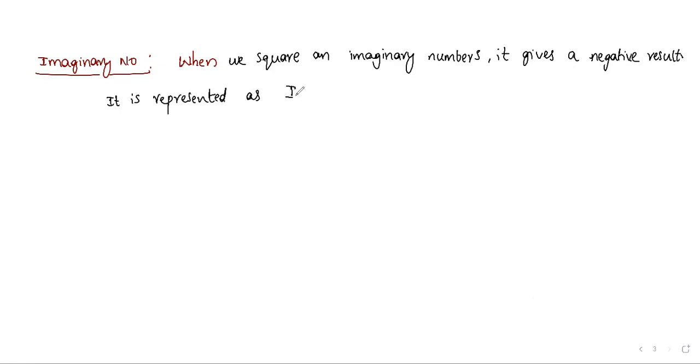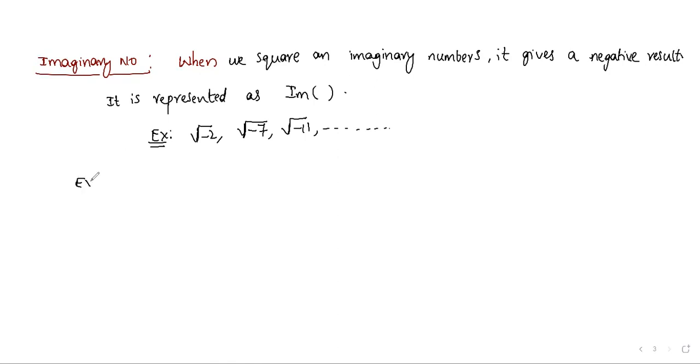Example: square root of -2, square root of -7, square root of -11 and so on. So what is an imaginary number? The numbers which are not real are called imaginary numbers. When we square an imaginary number, it gives a negative result.